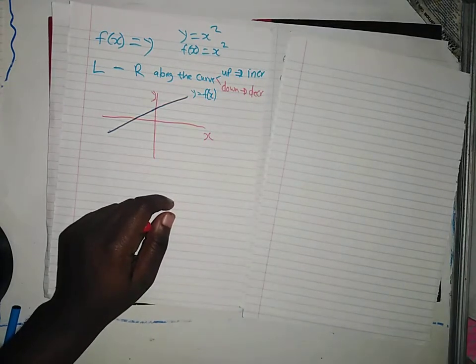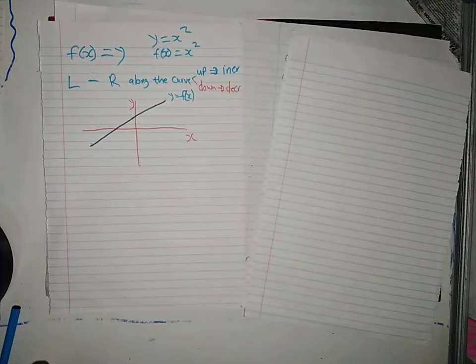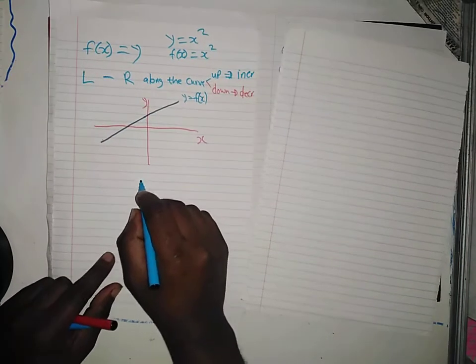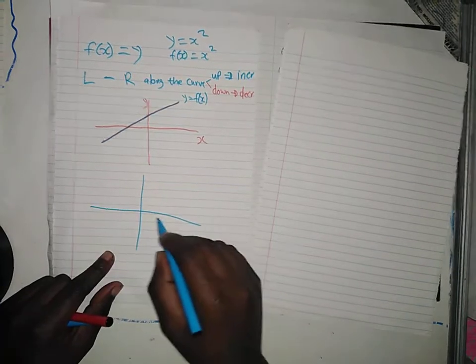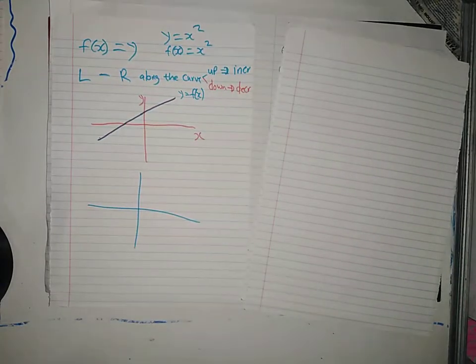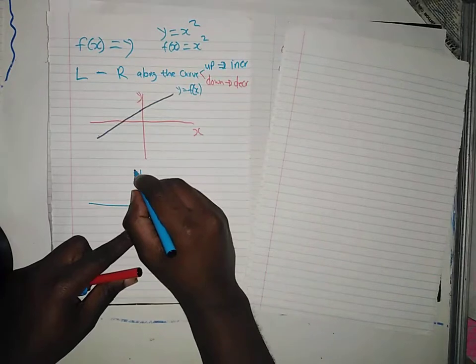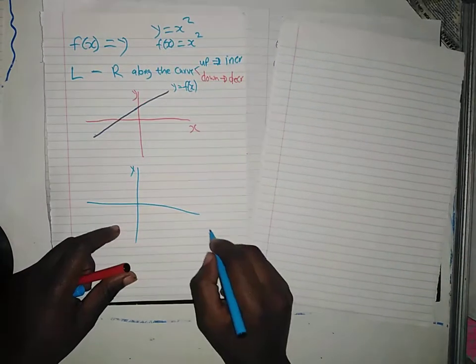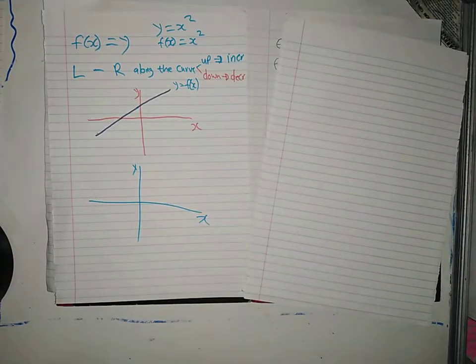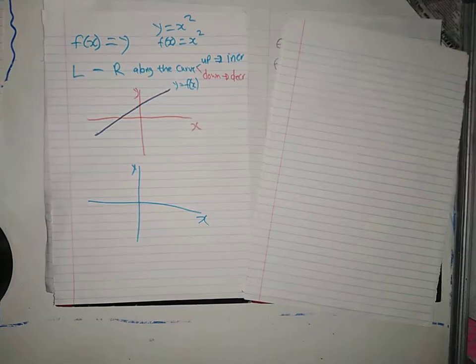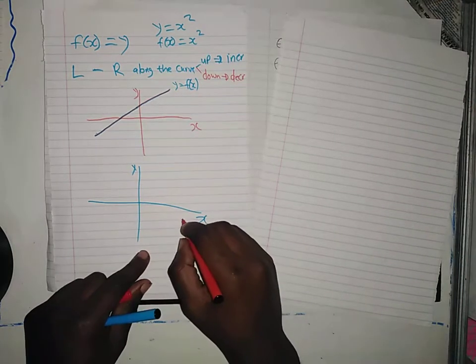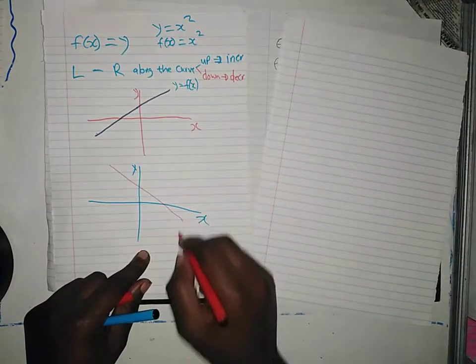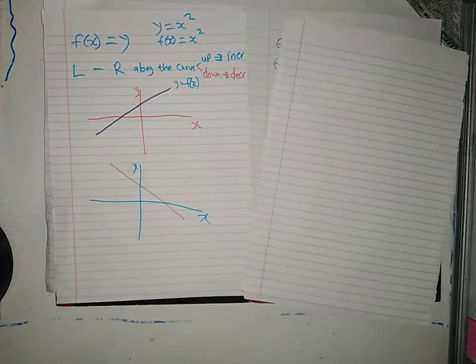Do you understand? Okay, now a case like that will be something that looks like this, where you have a graph, and then this is y, and then this is x, and then you have a graph that is simply like this. Remember, what did we say?